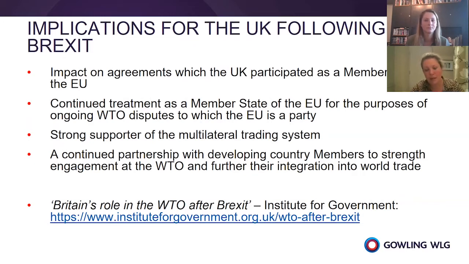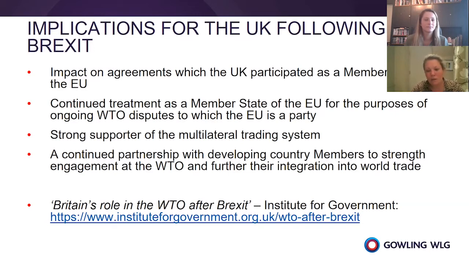So there are obviously connotations for the current agreements with which the UK currently enjoys access to preferential markets under the current EU trade agreement frameworks. It will continue to be treated as a member state of the EU for any ongoing WTO disputes to which the EU is a party.